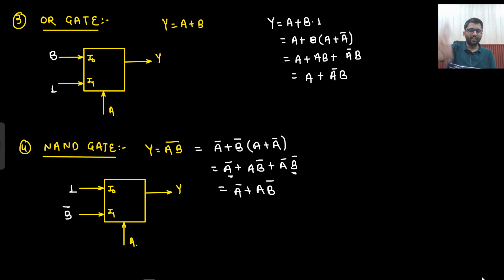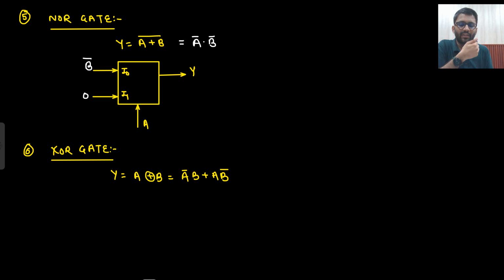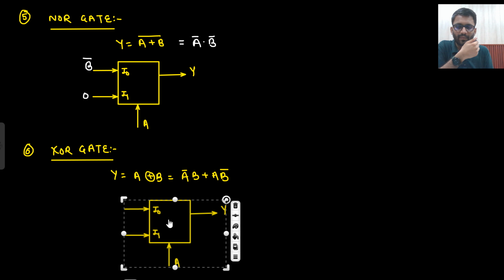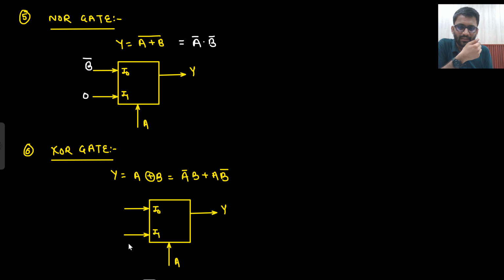Okay? So in the same manner we are proceeding. Nothing different we are doing. What about XOR gate? For XOR gate, directly we can see here. If A is coming, I need B bar, and if A bar is coming, I need B. So this is your XOR gate.